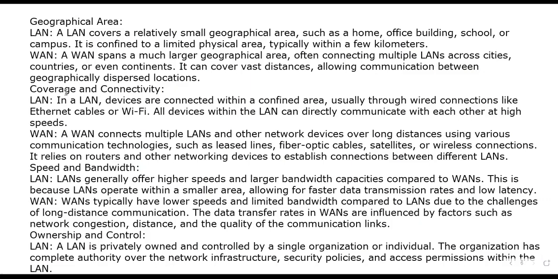Then in terms of coverage and connectivity, in a LAN the devices are connected within a confined area, usually through wired connections like Ethernet cables or Wi-Fi, and the devices directly communicate with each other at very high speed, whereas WAN connects multiple LANs and other area networks over long distances.